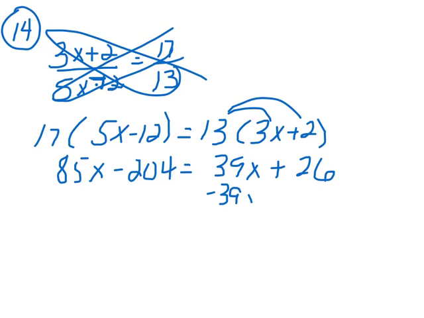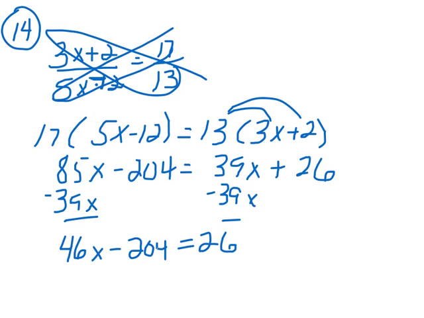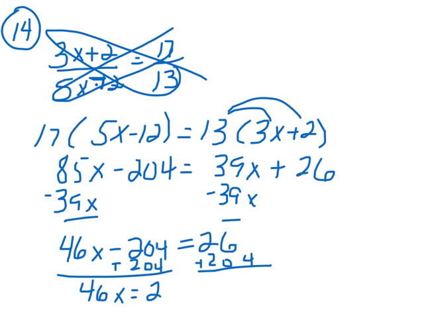I'm going to subtract 39x from each side. And so 85 minus 39 is 46x minus 204 is equal to 26. So now I'm going to add 204 to each side. And that's going to be 46x is equal to 204 plus 26, which should be 230. Yep, 230.